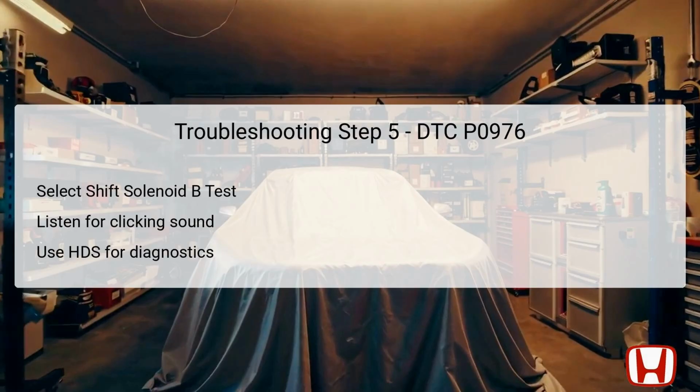In this step, you should select the Shift Solenoid Valve B test option from the Miscellaneous Test menu on the HDS. This specific test allows you to activate the solenoid and check its operational status. You should listen for a clicking sound, which indicates that the solenoid is functioning correctly and activating as designed.